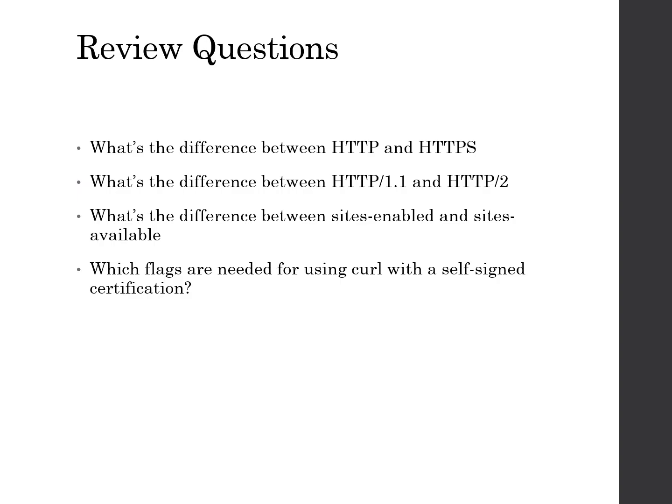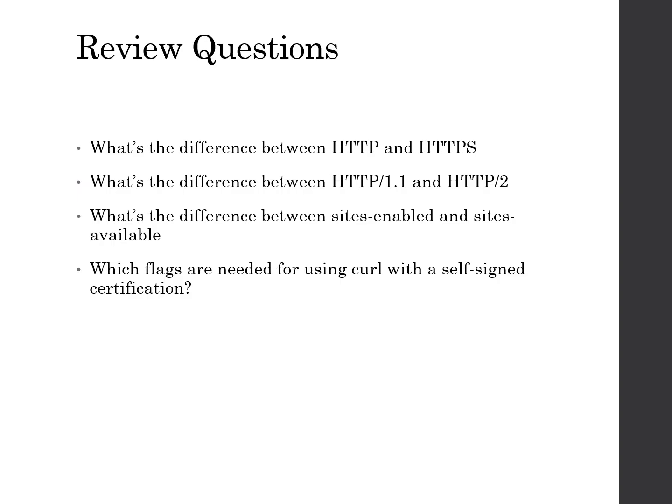That leads us to our next one. What's the difference between HTTP 1.1 and HTTP 2? The difference is that HTTP 2 enabled true multiplexing, if you remember from our first lecture, and it enabled more features overall versus HTTP 1.1.